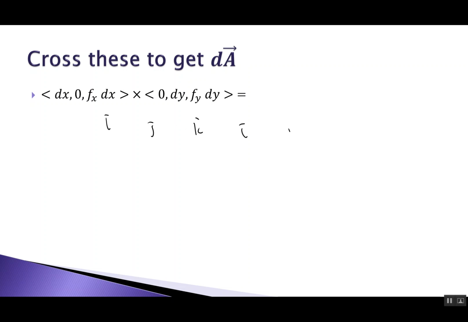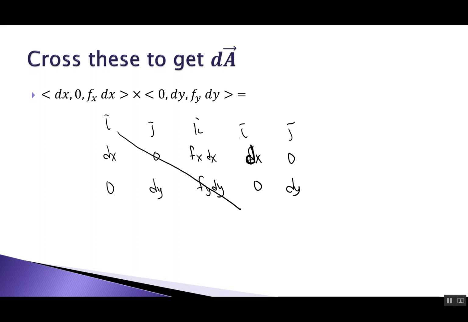i, j, k; dx, 0, fx dx; and 0, dy, fy dy. If I cross in the i direction, I'm getting a 0 and a minus fx dx dy.